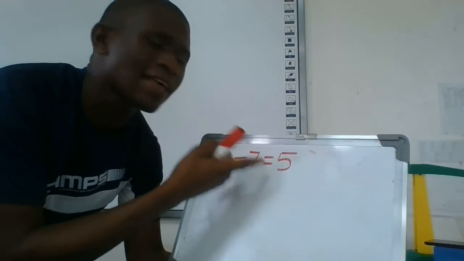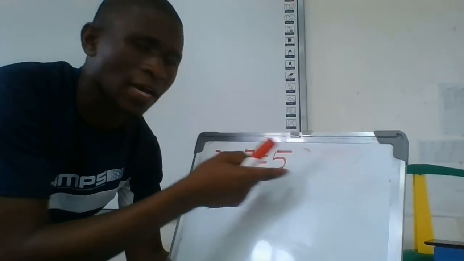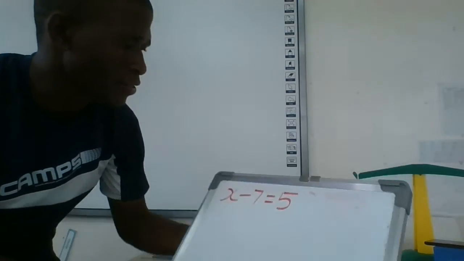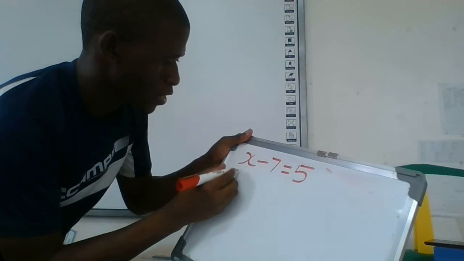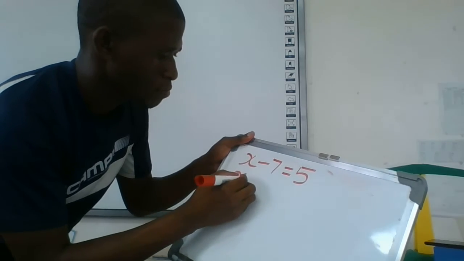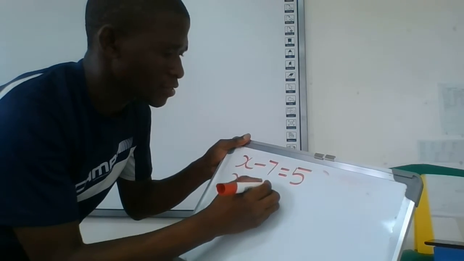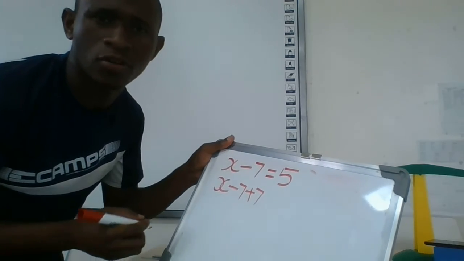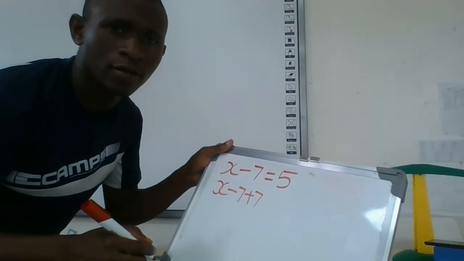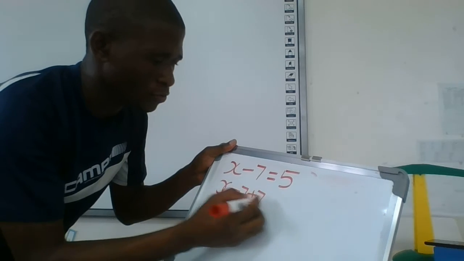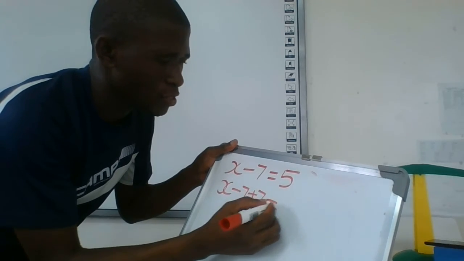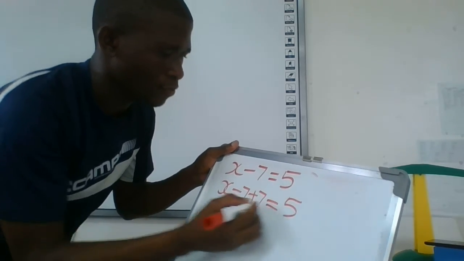We can add 7 both sides. So x minus 7 plus 7 gives us 0, is equal to 5.